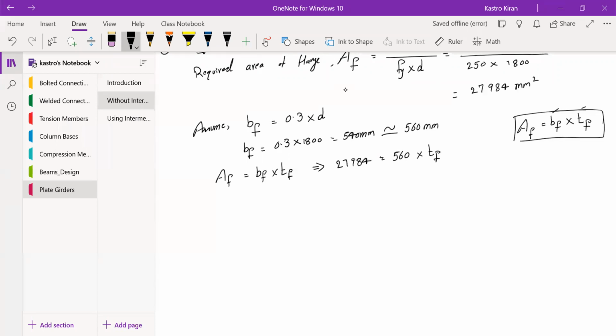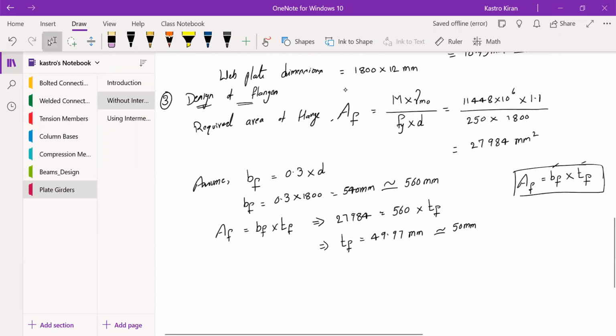Now it will become easy. So the thickness of the flange is obtained as 49.97 mm, which you can take approximately as 50 mm. So you have found the width and thickness of the flange by using the moment value, capital M, and the area value.